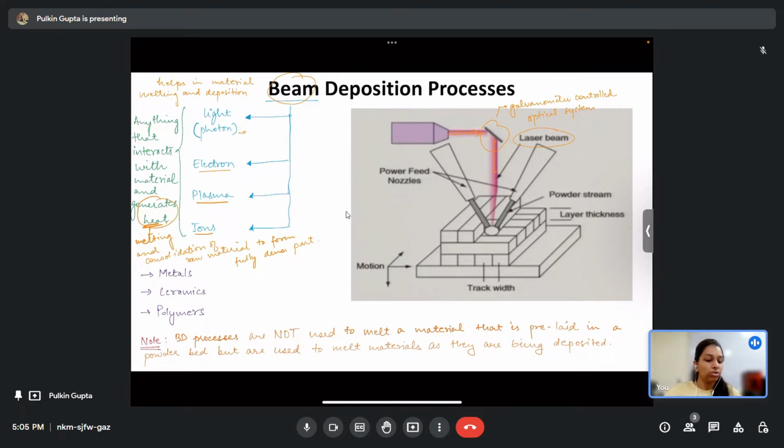This basically guides where the laser beam will travel. Then you have two powder feed nozzles from where your powder is being ejected, then this is your substrate, and all this is your deposited material.